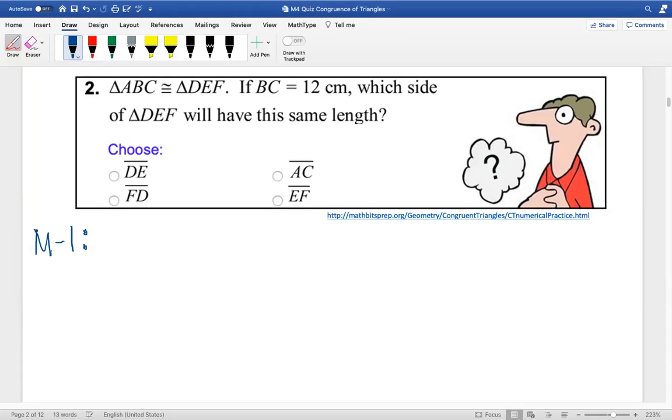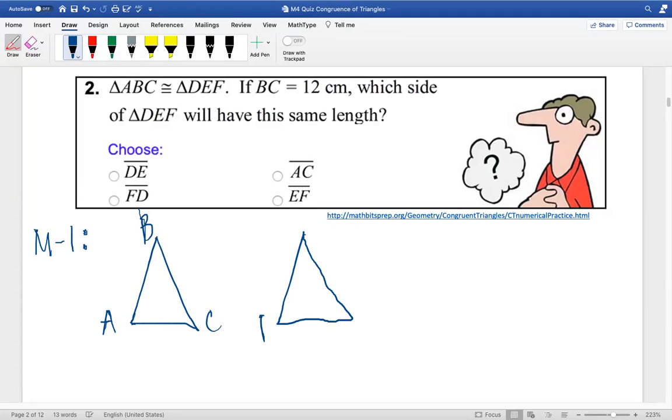In method one, it's better if we draw the figure. This is triangle ABC. In geometry, illustration helps a lot. And this is DEF. Since the given statement is a congruence statement, the corresponding parts were already identified based on it.